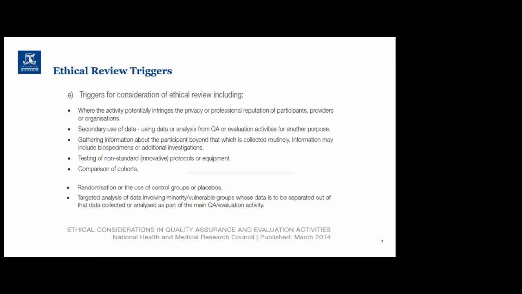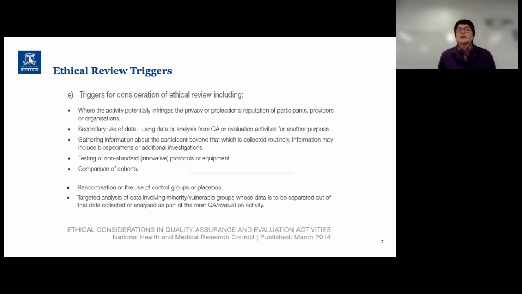If you're having secondary use of data, using data or analysis from what was a quality assurance project, but you're then turning it into research, that is another trigger for ethical review. The third one there is gathering information about the participant beyond that which is collected routinely. Testing of non-standard or innovative protocols or equipment.